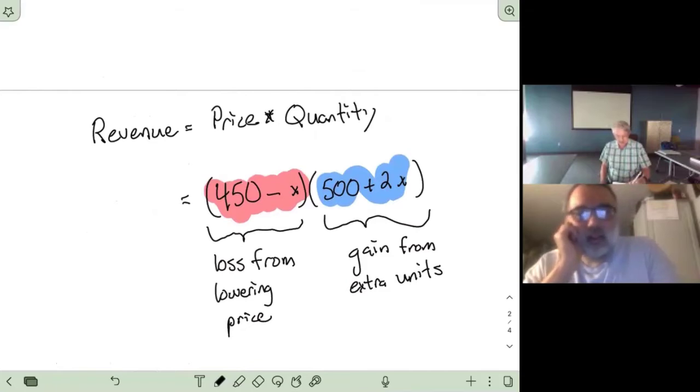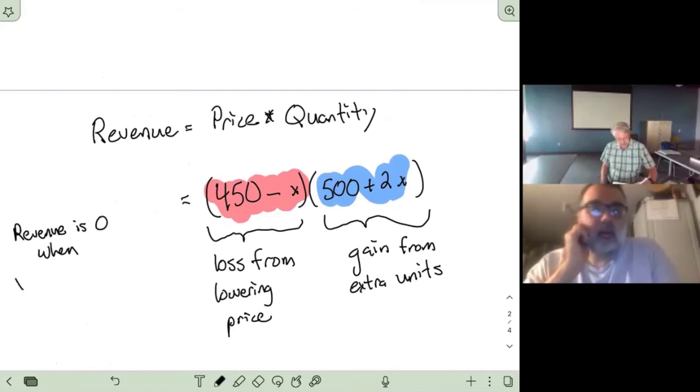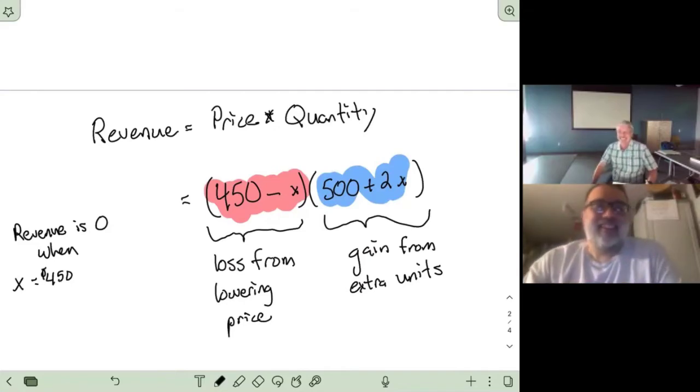The revenue will be 0 when the price is $4.50, and it doesn't take a PhD in economics to know that you will get $0 revenue if you don't charge any money.